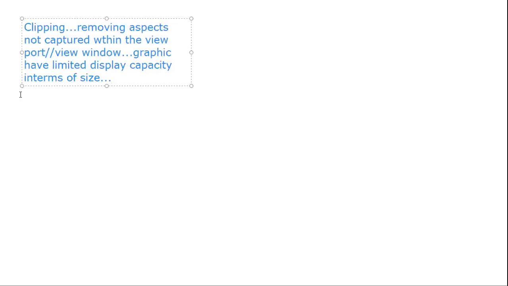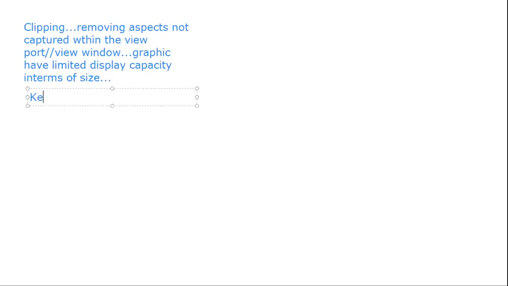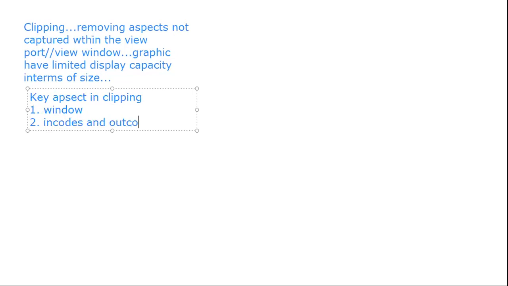Now, there are various key terminologies and key aspects in clipping. The first one is the window. We have to understand what is the window and how it is used. Secondly, we have to know the in codes and out codes. Thirdly, we have to know types of clipping and how each is performed.